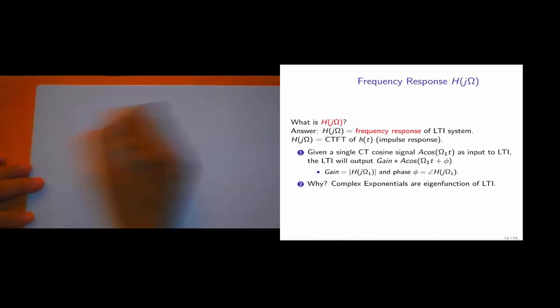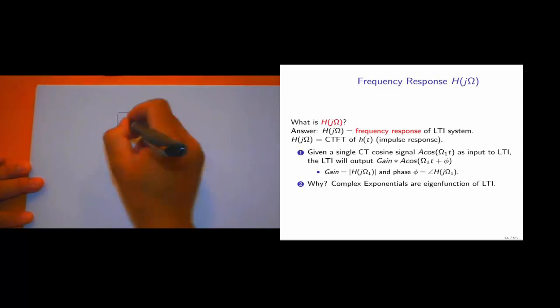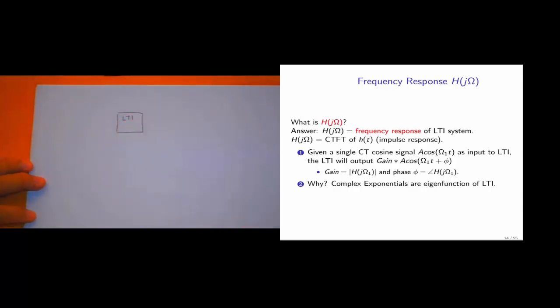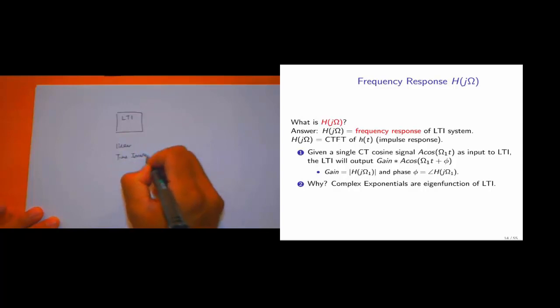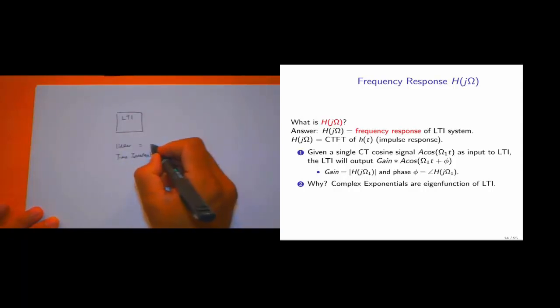We have a system, and we first must make sure that it is LTI, where L stands for linear, and TI stands for time invariant. By linear, it means that a system will be like this: y equals f of x, for example.